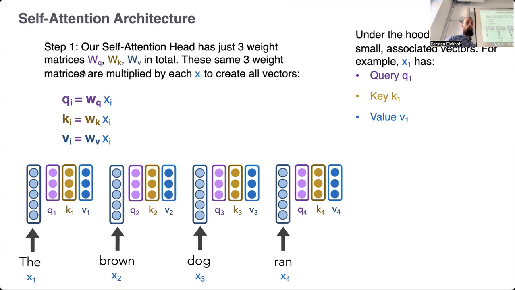So this we learn once. Different occurrences of, for example, "the", if this is a static word embedding at this point, the queries, keys, and values are going to be the same.